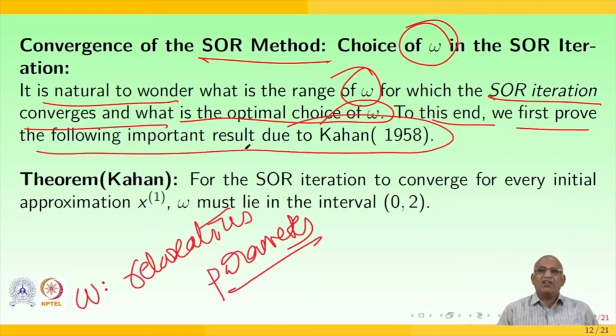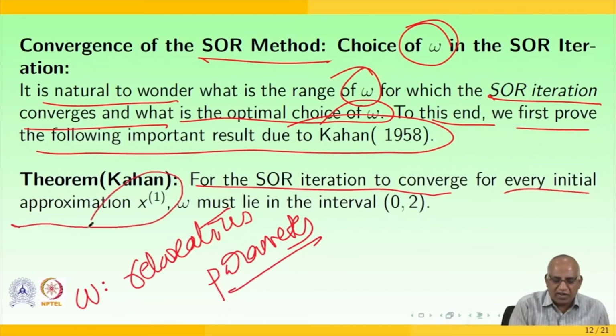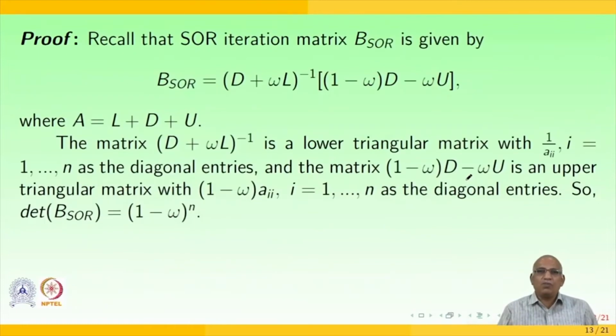in 1958. For the successive relaxation to converge for every initial approximation x1, omega must lie in the interval (0, 2).